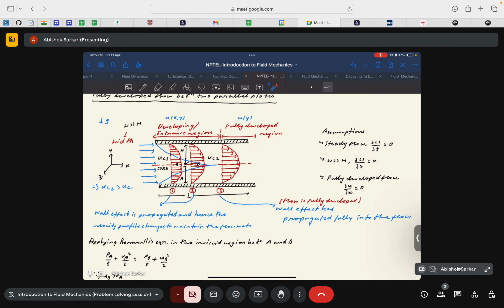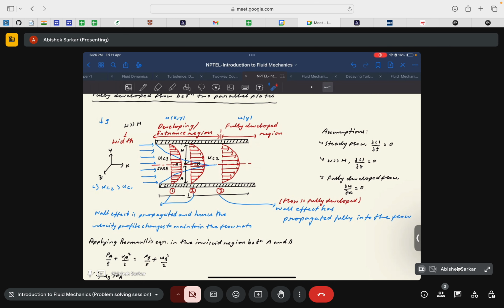So if the width of the plate is much greater than the gap between these two parallel plates, then the flow behavior change along the z direction would basically be negligible. Since the width is so significantly large, any gradients of any property, say pressure and the velocity components, if at all there are any, would be almost equal to zero.